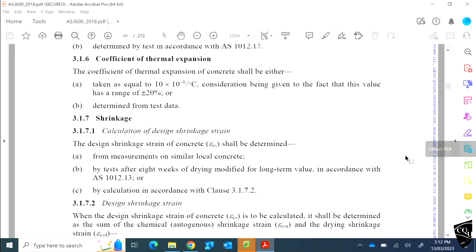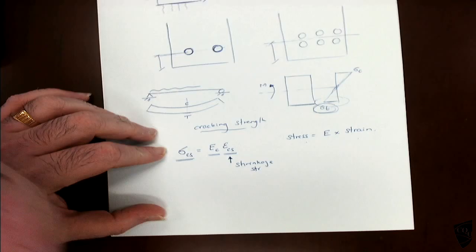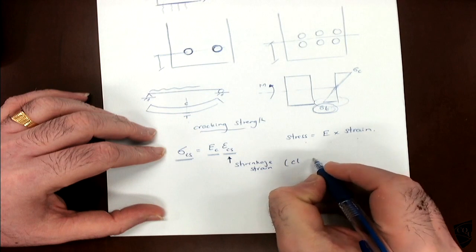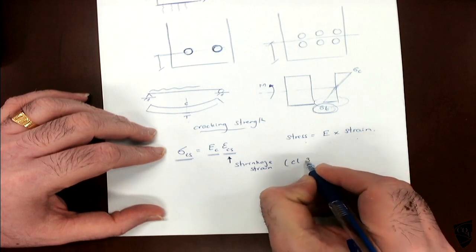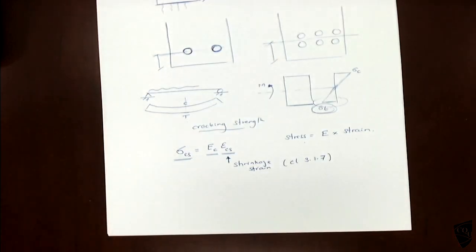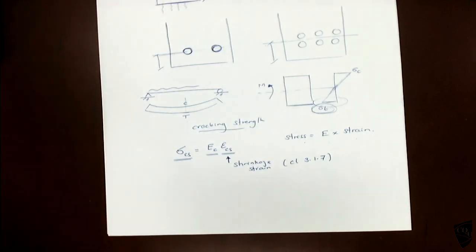So the shrinkage strain, as I told you, is in clause number 3.1.7. We need to look at that one to find out the shrinkage strain.